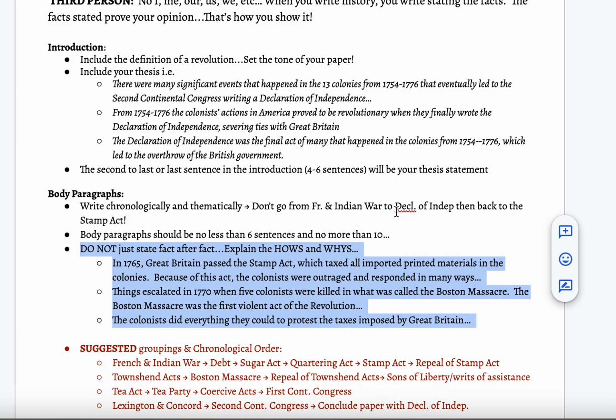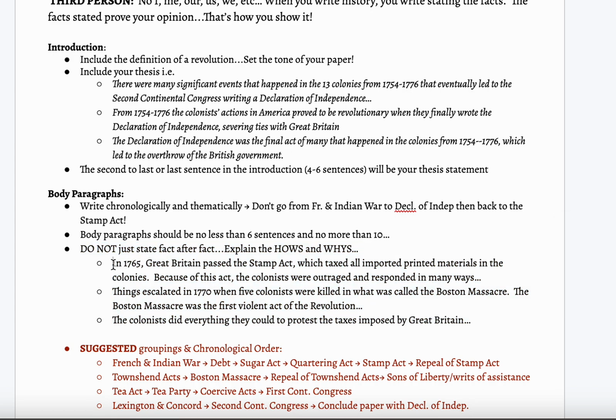Do not just go fact after fact after fact after fact. Explain the hows, why these facts are important. So, an example of how you should do it. In 1765, Britain passed the Stamp Act. All right, that's the fact, which taxed all imported printed materials in the colonies. That's a fact.